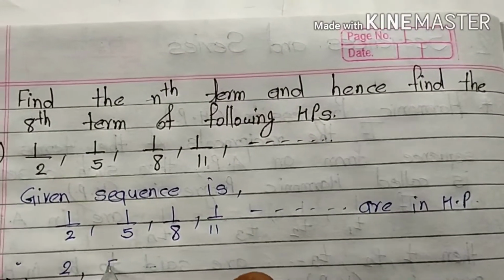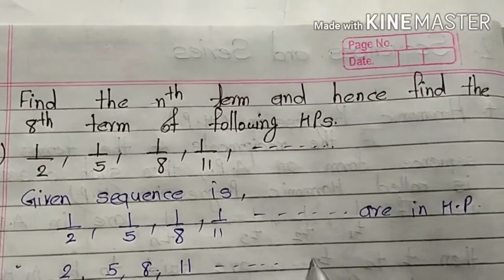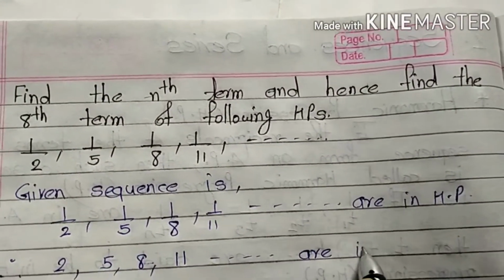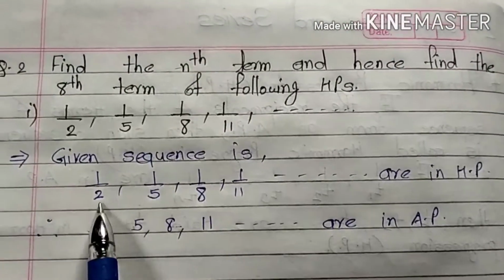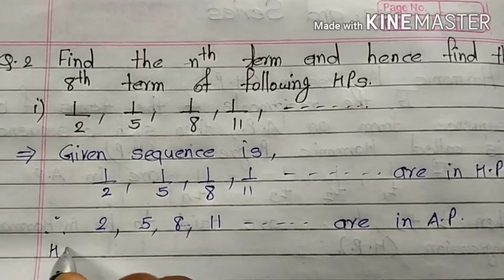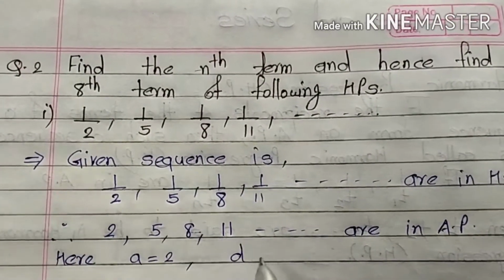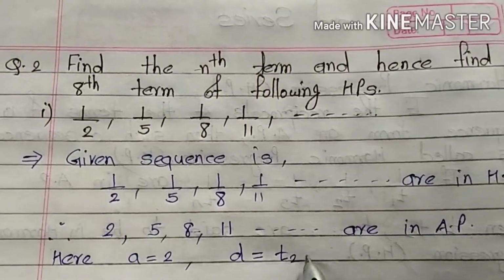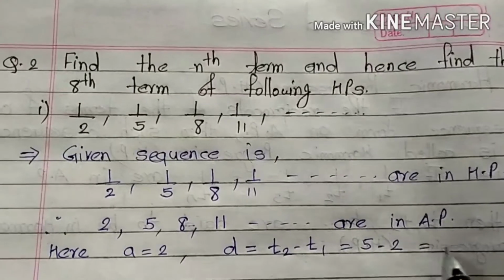Therefore 2, 5, 8, 11 and so on are in AP, because the reciprocal of this sequence is in AP. Now here a is equal to 2 and common difference d is equal to T2 minus T1, which is equal to 5 minus 2, which is equal to 3.